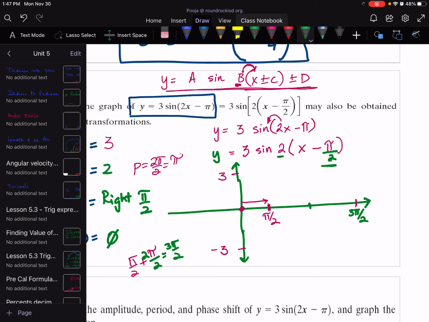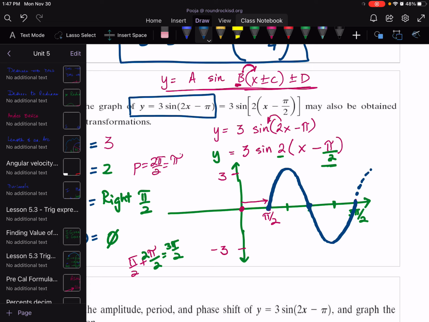Now I can mark the half, and half of half, and 3/4. And once I have that, remember this is the starting point, this is the middle, that's the end of the cycle. I have to make it go up to amplitude 3, and halfway through bring it back to 0, and make it go to -3, and then bring it back here.